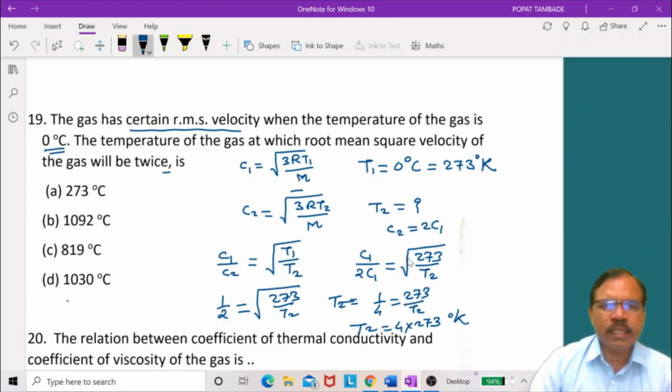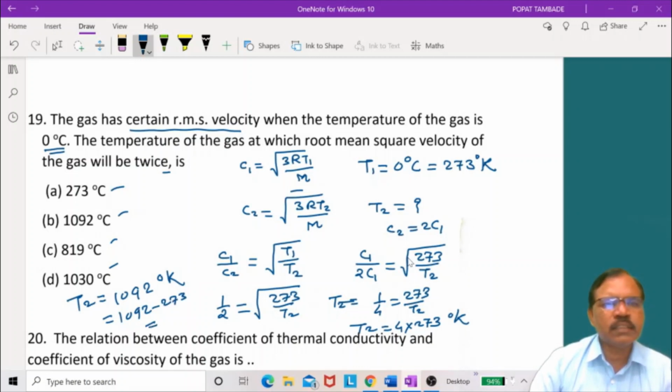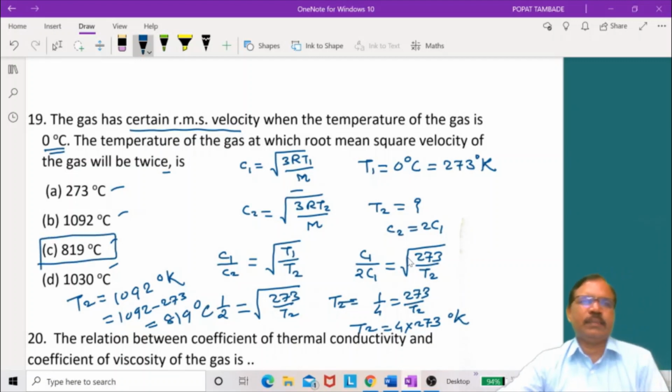So we get here T2 is equal to 1092 degree Kelvin. If we see, temperatures are given in degree Celsius. So 1092 minus 273 degree Celsius, so we'll get 819 degree Celsius. So this third one is correct.